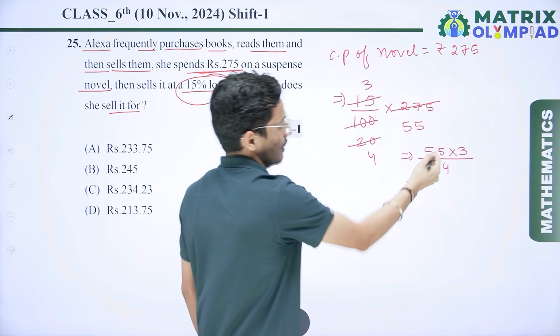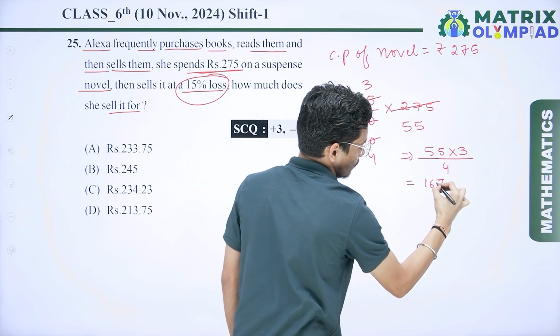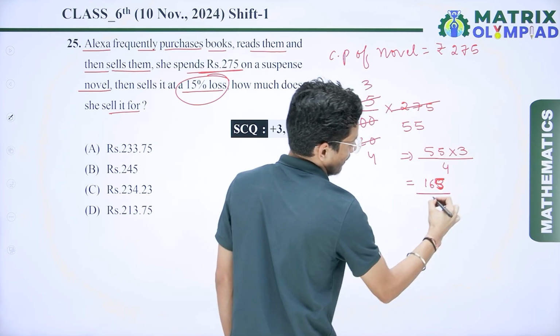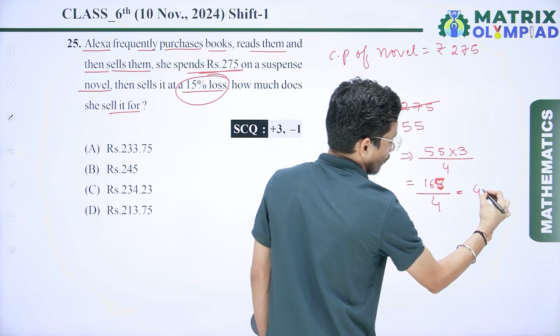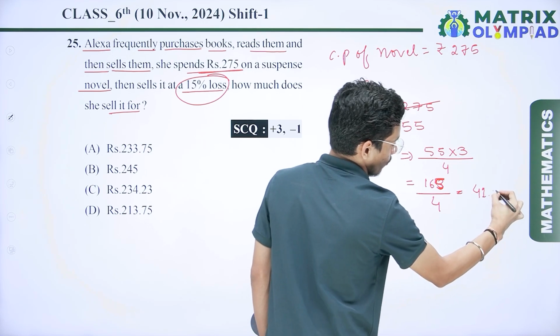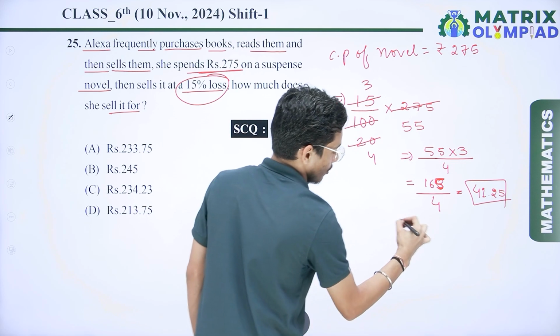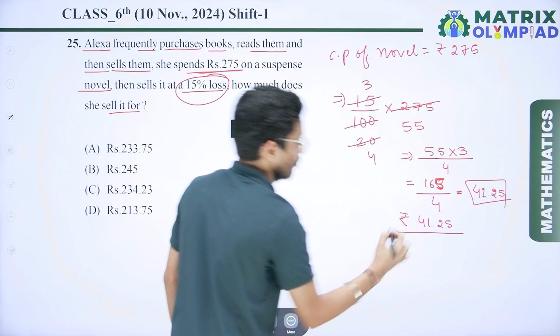So if I multiply here, 5 3 ja 15, carry 1, 15 or 1, 16. So 165 divided by 4. So here I get 4 4 ja 16, 4 1 ja 4, point, 4 2 ja 8 and 4 5 ja 20. It means her loss is 41.25 rupees.